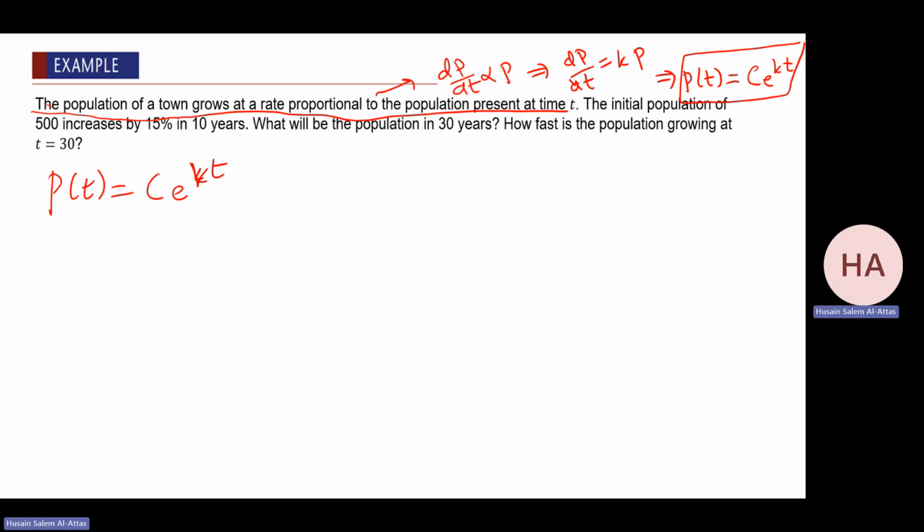Usually they give me some information, and I need to find C and k. Then they ask me about other information.